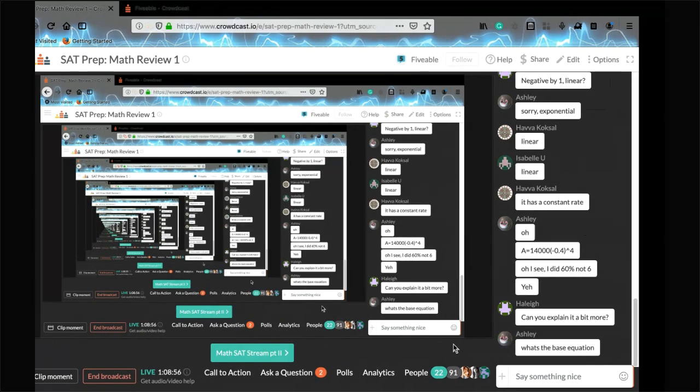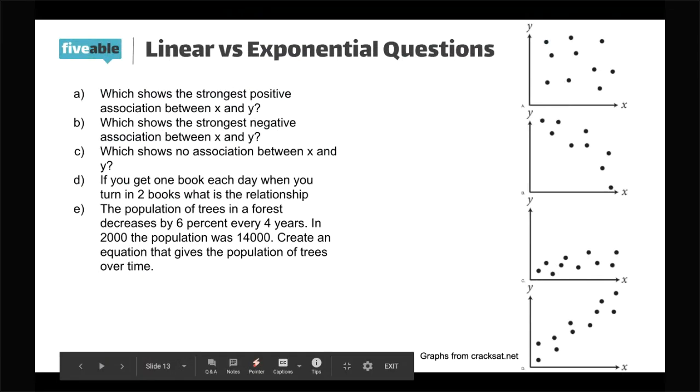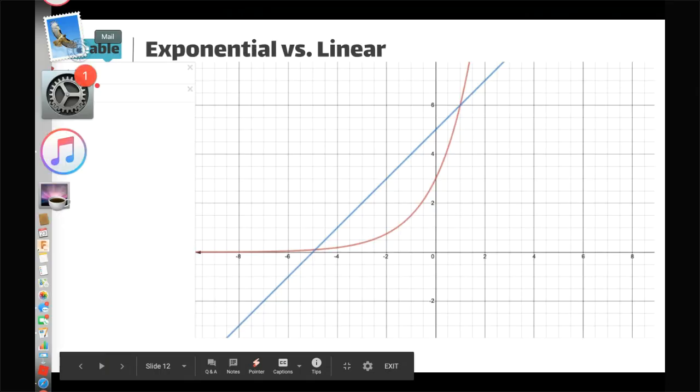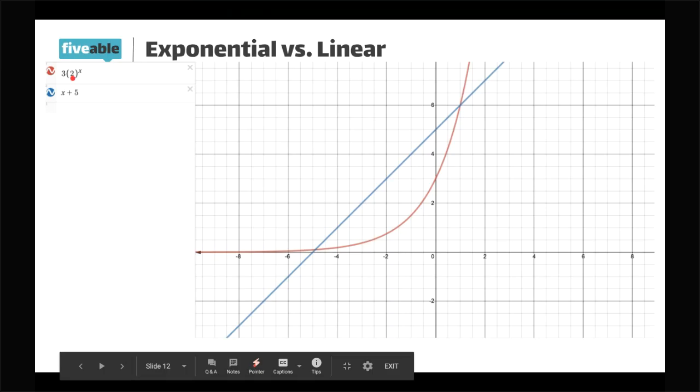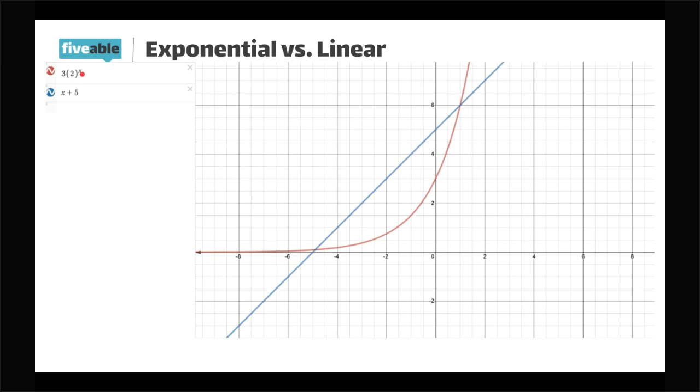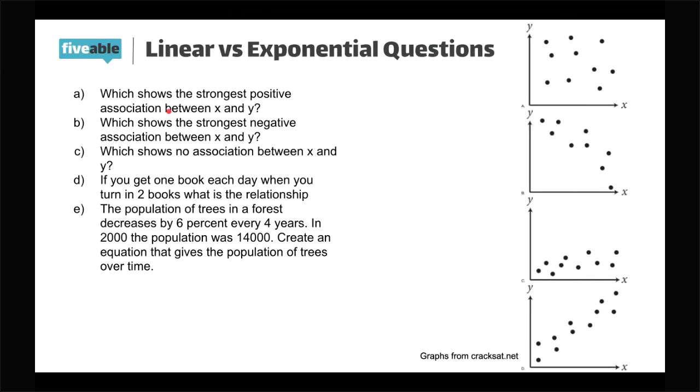What's the base? Okay, so base equation. A base equation for this would be the y-intercept times the common ratio to the power of x. So we have our y-intercept. If they give you a base year, generally that ends in a 0, like 2000, 2005, 2010, and generally those are your starting values. Your starting value is your y-intercept when you got your first measurement. So that's 14,000.